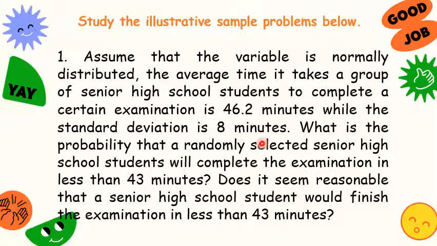So, ano daw yung probability na yung selected senior high school students ay matatapos nila yung examination in less than 43 minutes? Mas mababa kesa sa 46.2 minutes. So, does it seem that a senior high school student would finish the examination in less than 43 minutes?